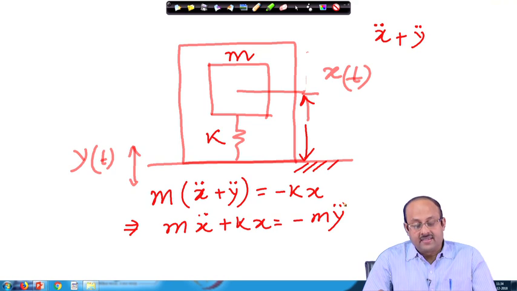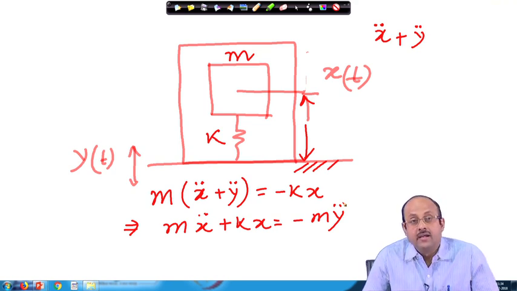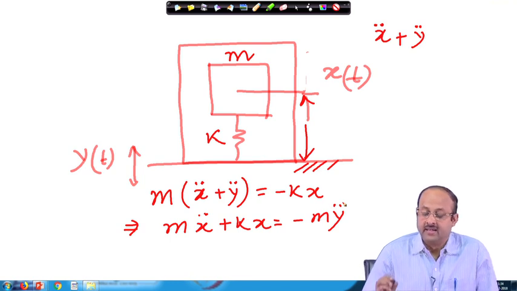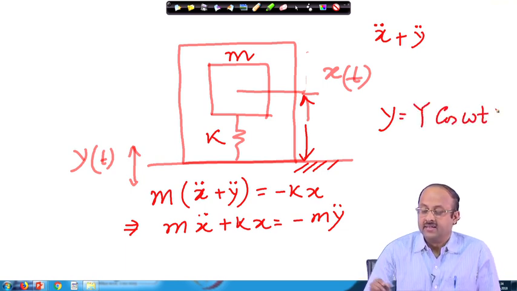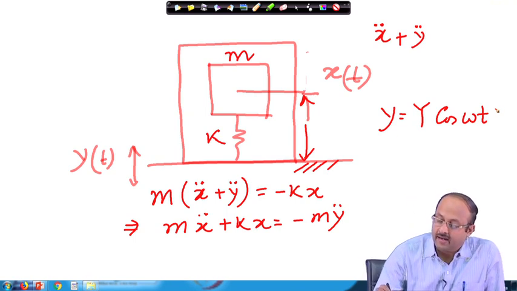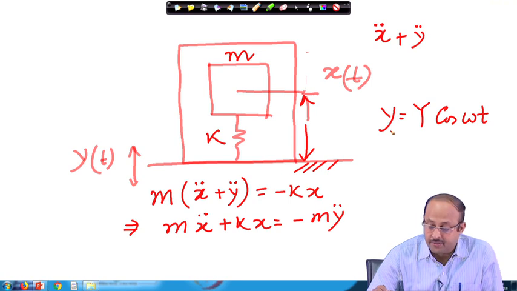So, this is the generic situation when we have the base moving with certain acceleration. Now, the simplest case is y equal to Y cosine omega t. That means we have harmonic excitation given to the base.